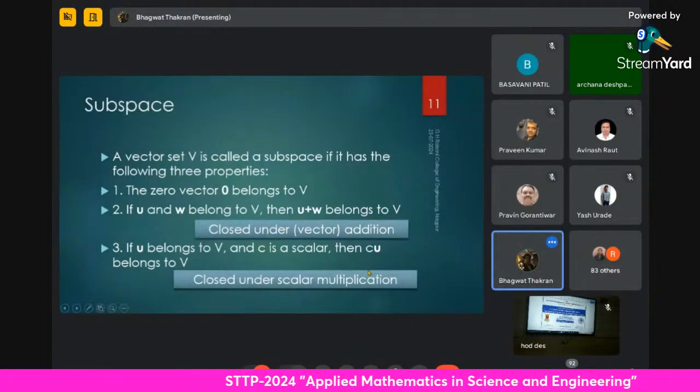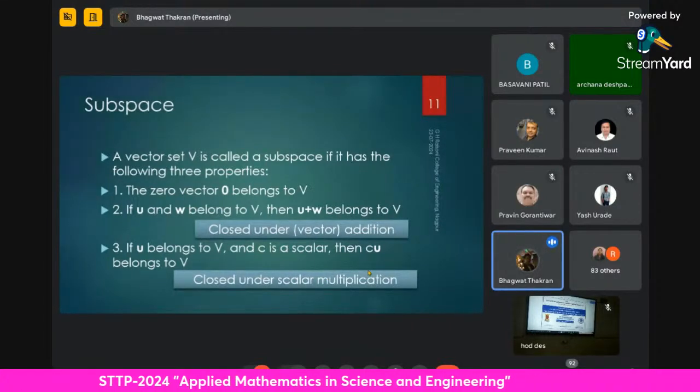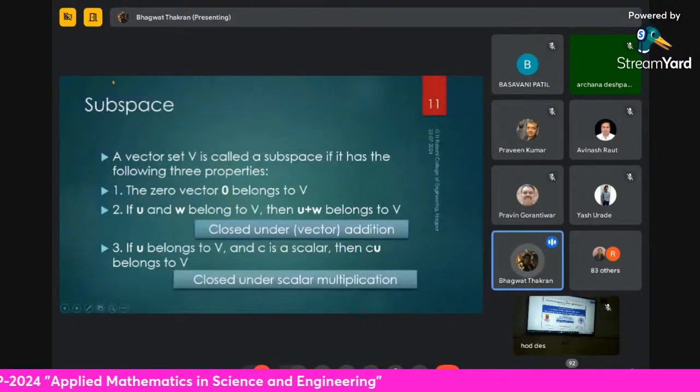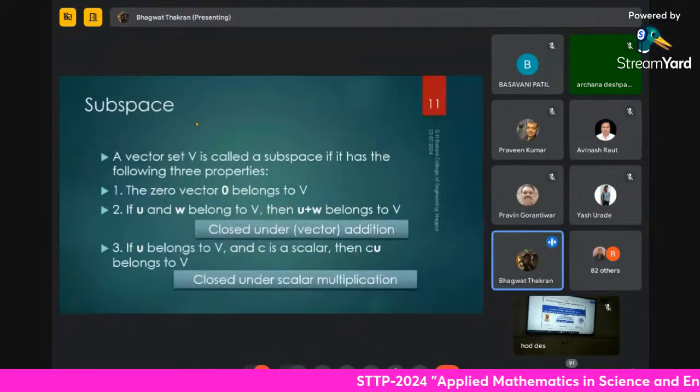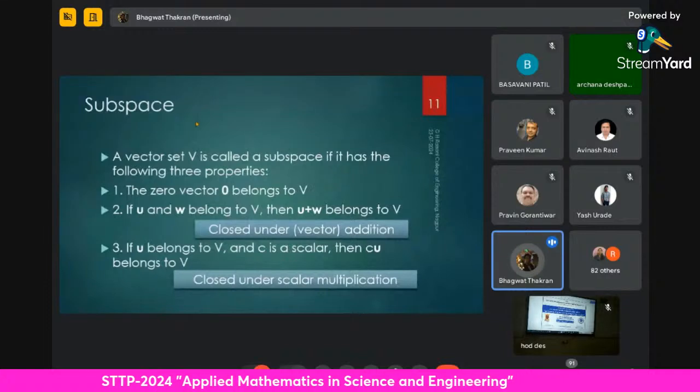In that case, the subset itself becomes a subspace. So a smaller portion of the vector space which holds these properties is what we mean by a subspace.